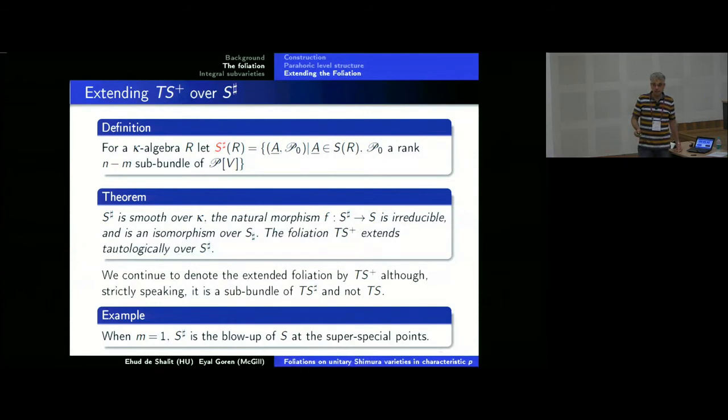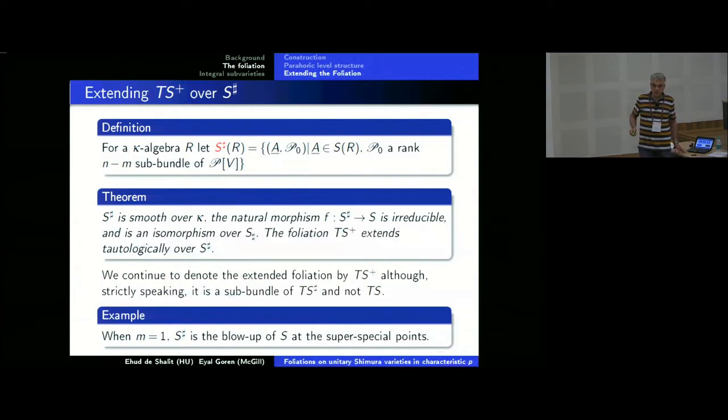So this is very nice. The morphism from S sharp to S, forgetting the extra structure, is irreducible in the sense that the preimage of an irreducible component of S is irreducible. It's an isomorphism over S lower sharp, where the P0 is dictated, because the kernel of V already has rank n minus m, not larger, so P0 must be the whole kernel of V.